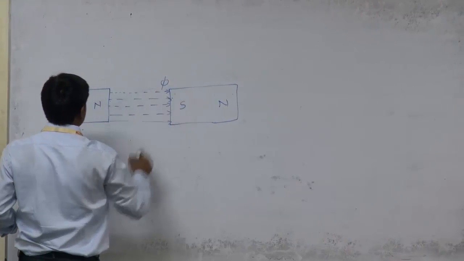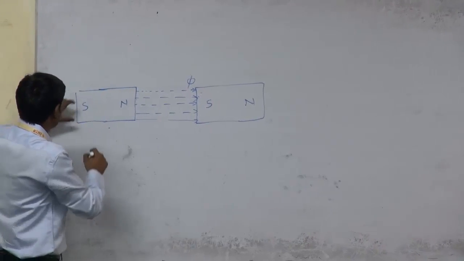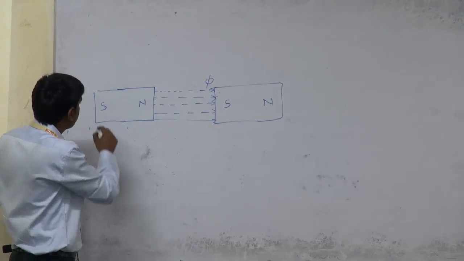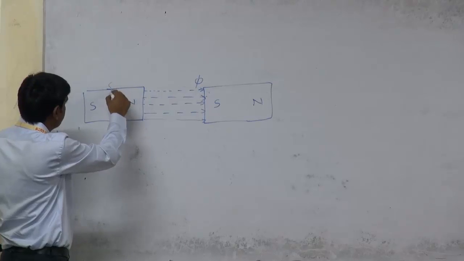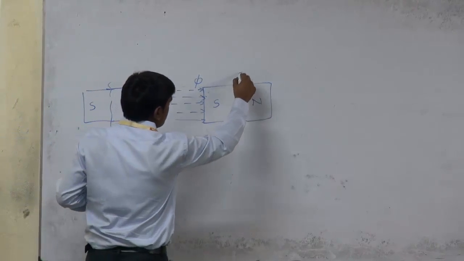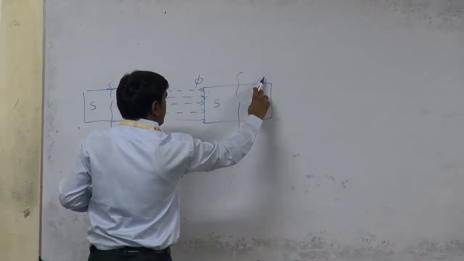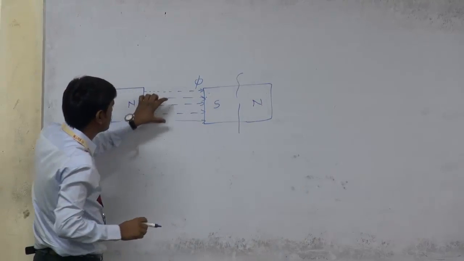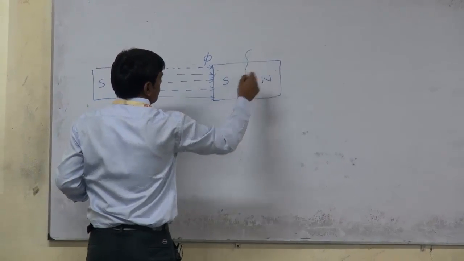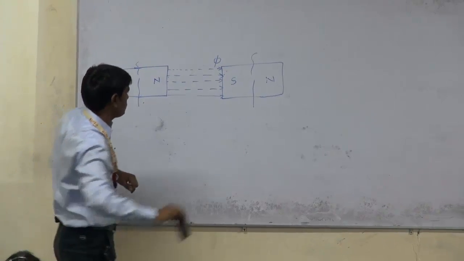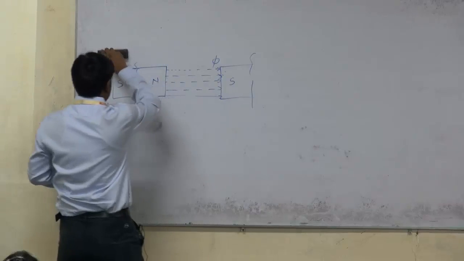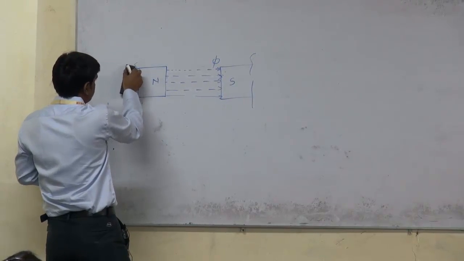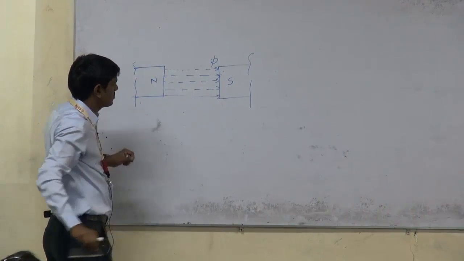As the south pole has not much influence with this flux, we can neglect it, and here the north pole will not have much interaction with this flux, so we can also neglect this north pole. So now we know the flux will flow from north pole to south pole.